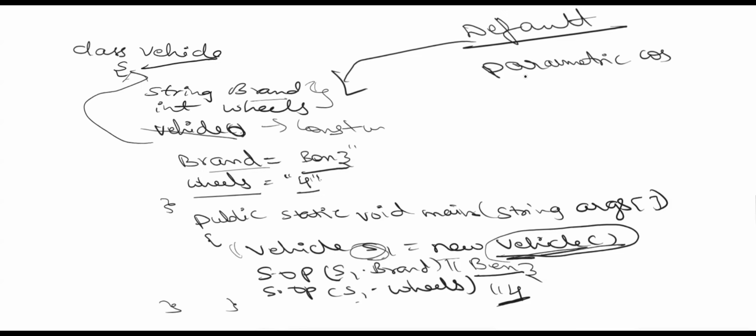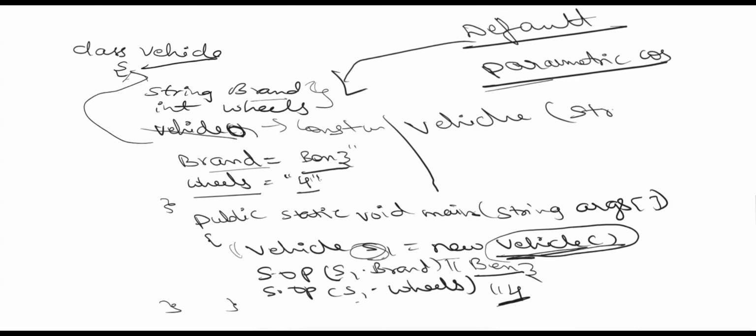So what is meant by a parameterized constructor? Parameters are nothing but some variables inside the parentheses. Okay, so same as before, brand, vehicle, first we need to initialize, and here we need to write Vehicle. This is the main difference. Okay, so Vehicle, and inside we need to write String str and int n.